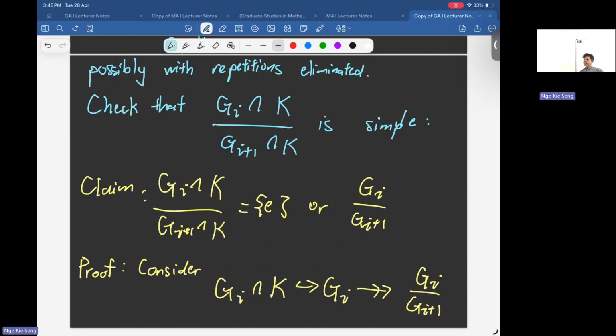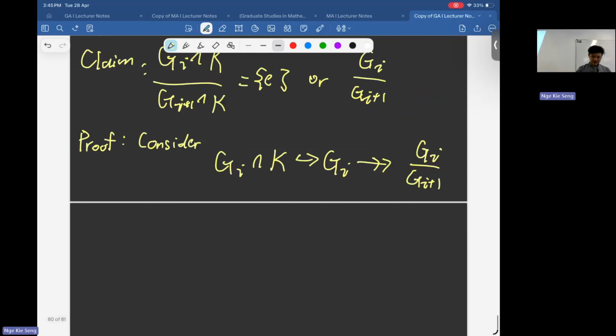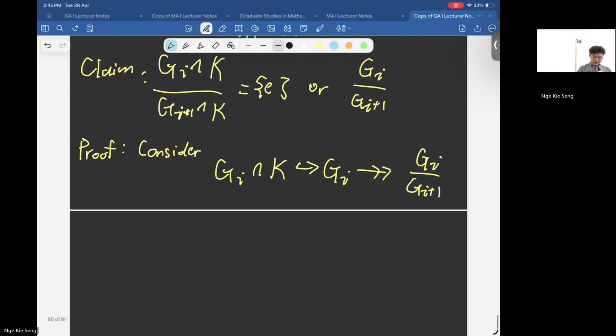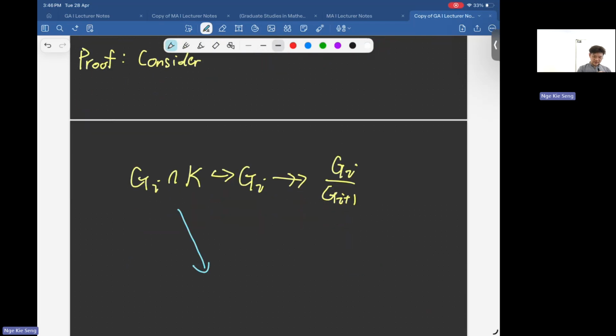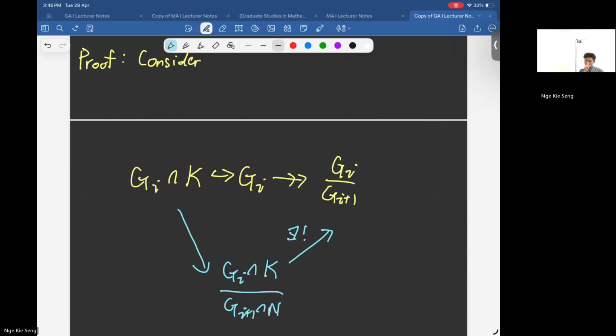Right, so to show this, what do you need to show? You need to show that if this is isomorphic, this should be the kernel of this homomorphism. Clearly, the kernel of this map should be G_{i+1} intersect K instead.